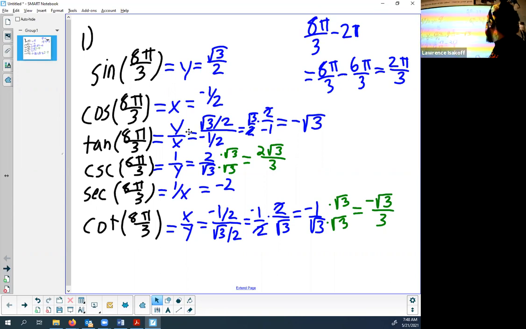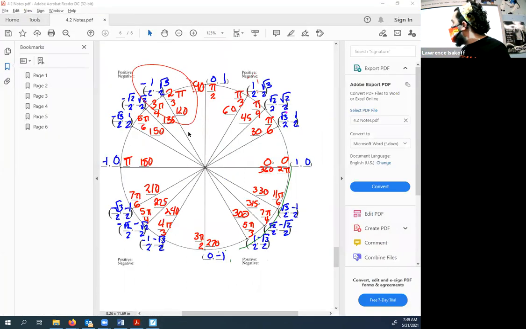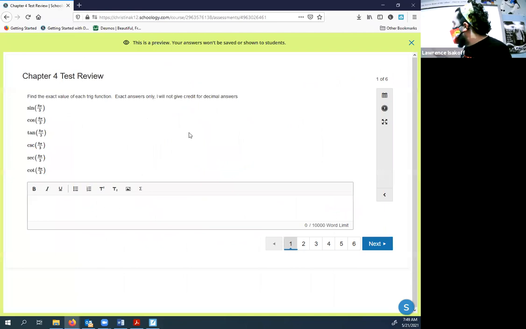Remember, I looked at 2 pi over 3, and that's where I got my x and y values from on the unit circle. I know that was a decent amount of writing. I'm not going to take the time to retype it all into here, just to save us time.